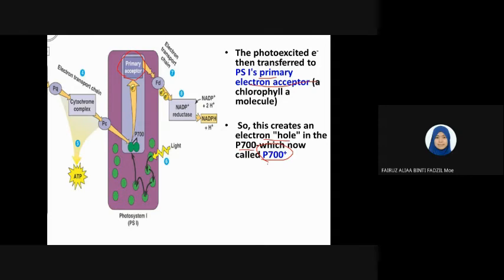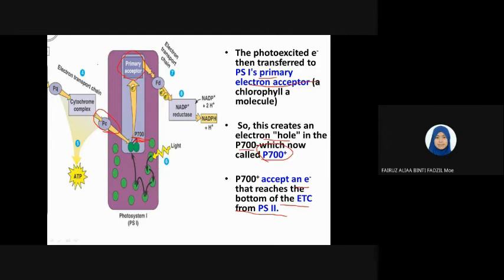So P700 will accept an electron that reaches the bottom of the ETC from PS2 via the plastocyanin, and P700 plus is reduced back to P700. Settled.